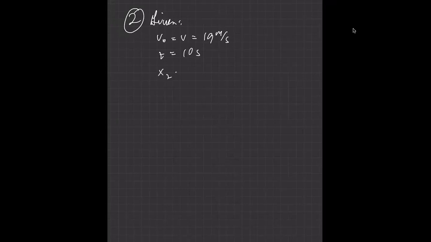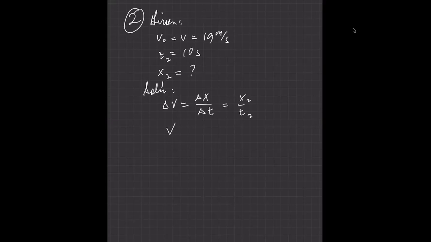And we want to find x2, the second part. Since it is constant velocity, for our solution here, we use the definition for the average velocity, delta x over delta t, which is now reduced to x over t, specifically x2 over t2.